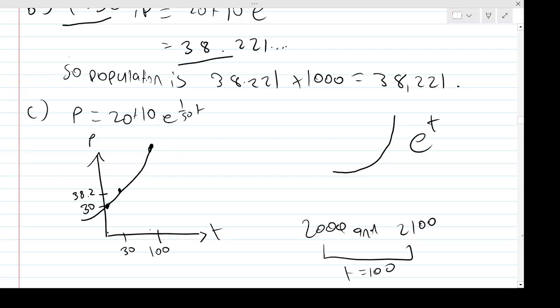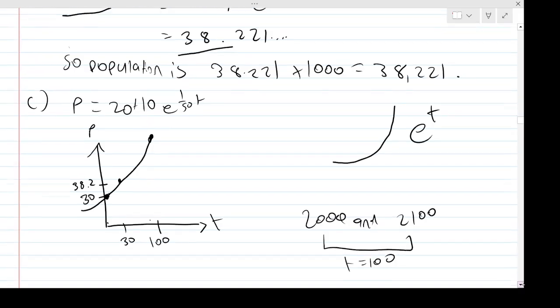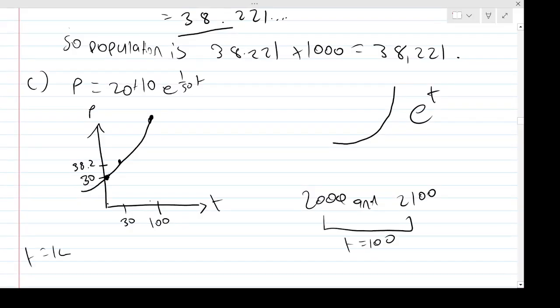Well, how do I work out that point then? That's going to be when t is 100. So when t is 100, P is going to be 20 add 10 lots of e to the 50th of 100. If we put that in the calculator, that will get me 93.89, or 93.9 to one decimal place.